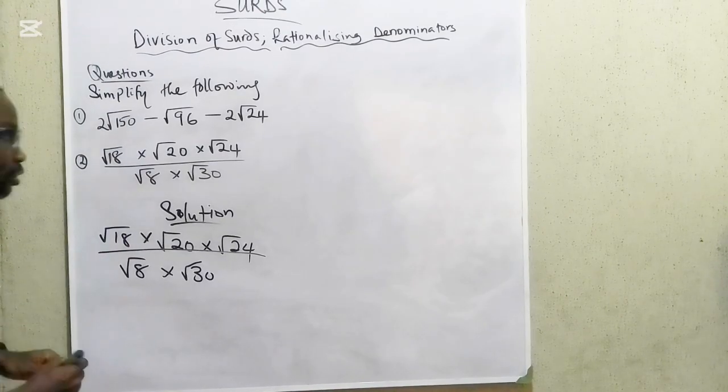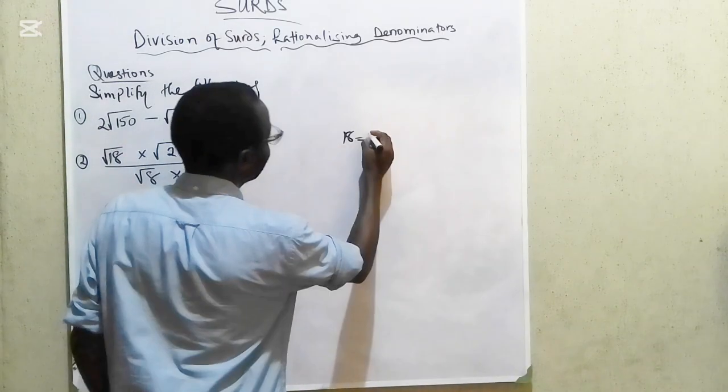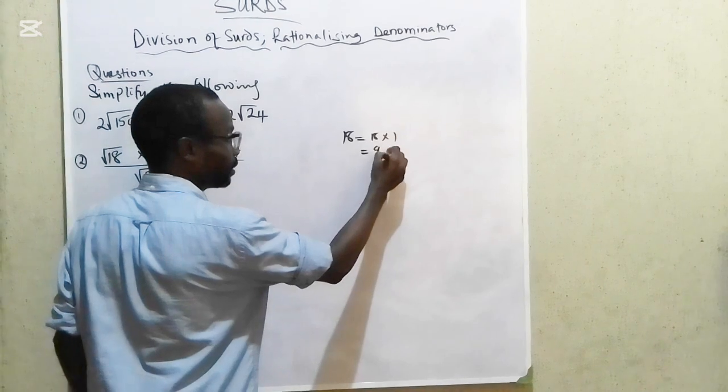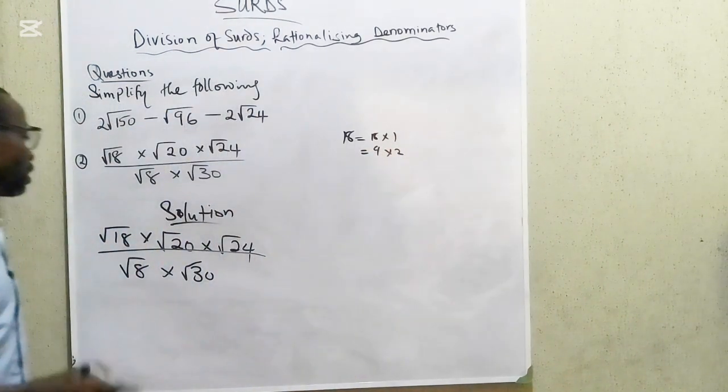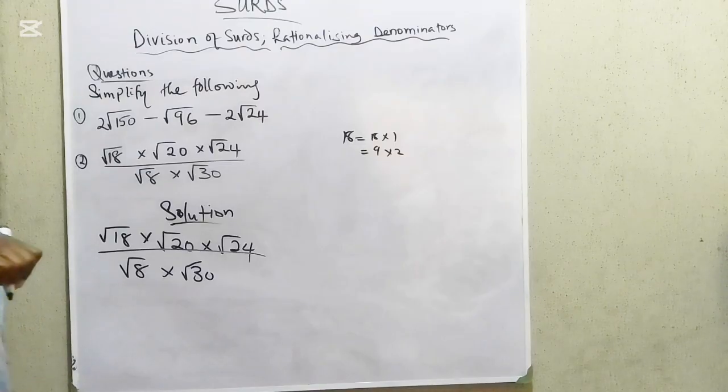I'll pick 18 first. What is 18? 18 is the same thing as 18 times 1, which is the same thing as 9 times 2. But when you're doing this, watch out for numbers that have a perfect square root.